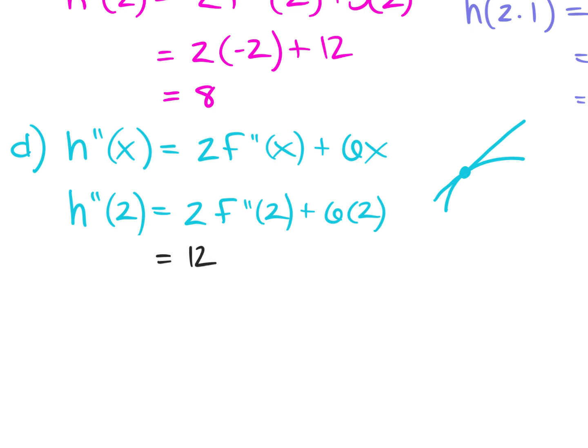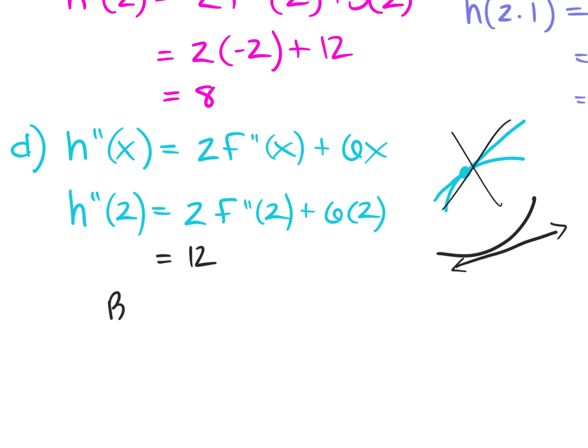Which means our original function h of x is concave which way? Up. So because it's concave up, it doesn't look like this, it looks like this. And your tangent line would be an underestimate. Okay?